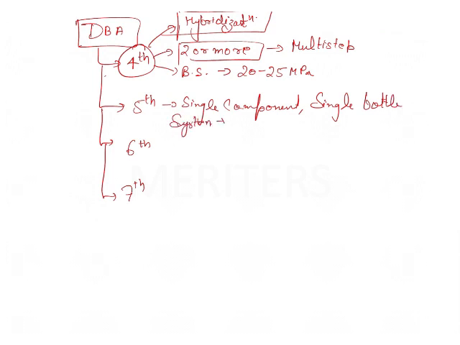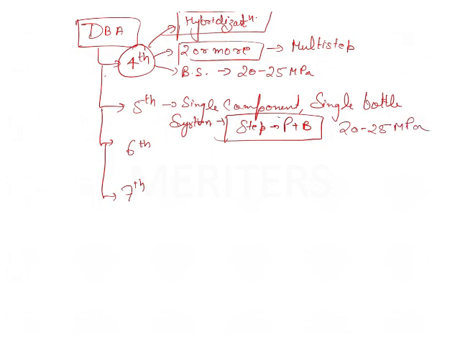This is all done to simplify the restorative procedure by combining priming and bonding into one step. So there will be one step in which you have the primer plus bonding agent combined, right? And the bond strength here is 20 to 25 MPa.